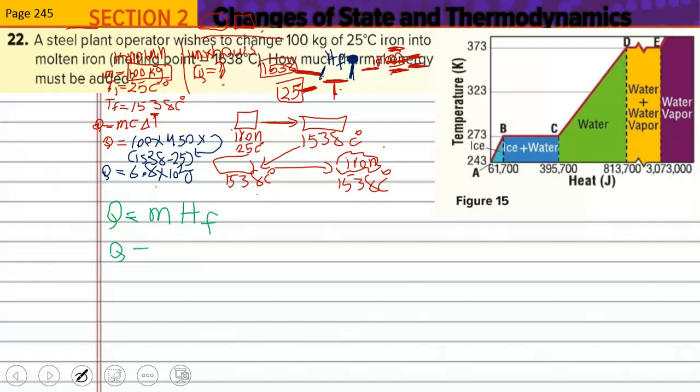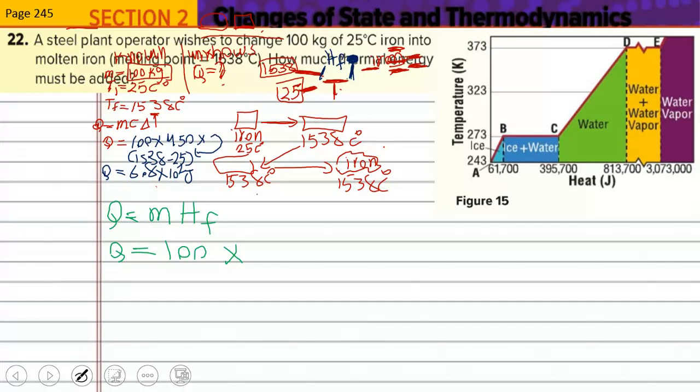So Q would equal the mass of 100 kilograms, which is here, multiplied by the heat of fusion of this iron. I'm going to look at it for a moment. What is the heat of fusion of the iron? Here it is.